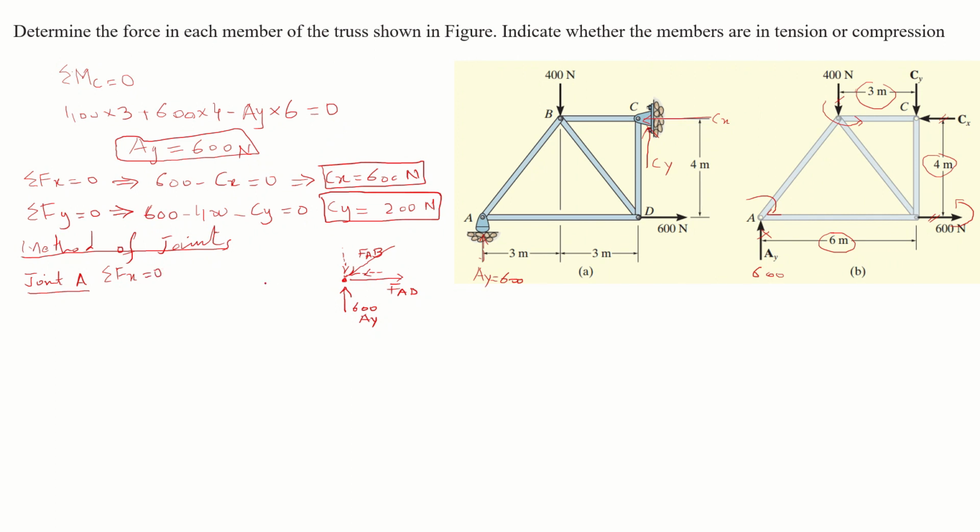In the x direction there are two forces: FAB cos theta, where this angle theta is unknown and we will calculate it separately, on the left side, so negative sign, plus FAD is equal to 0.